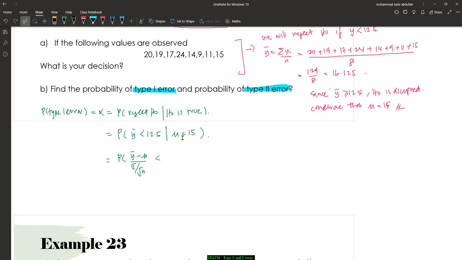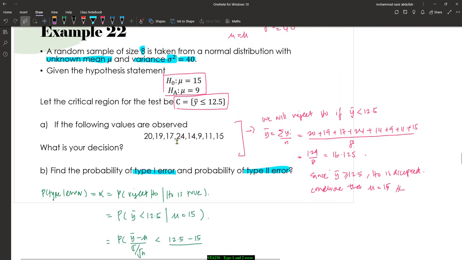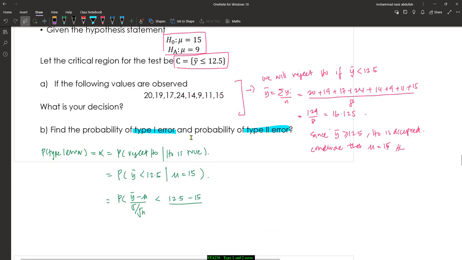So it should be 12.5 minus 15 divided by the variance equal to 40, so we sum up together, 40 over n equal to 8. So this one should be probability of z less than negative 1.18, and this one should be 0.1314.